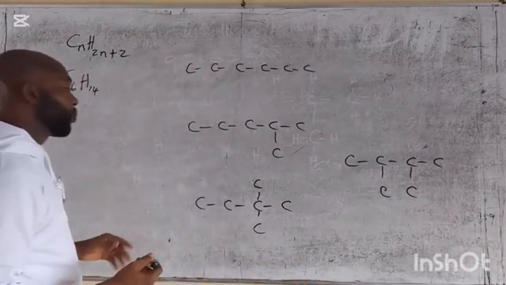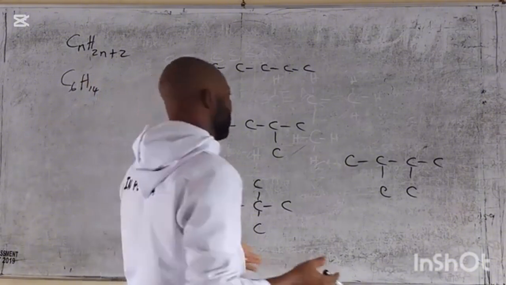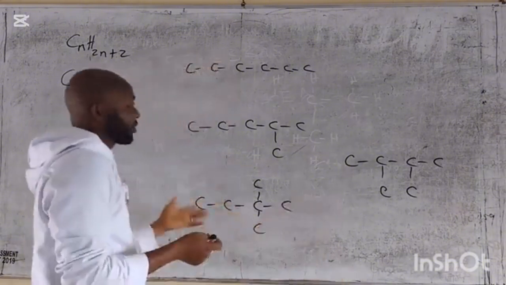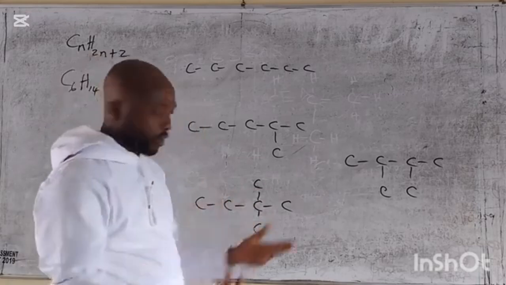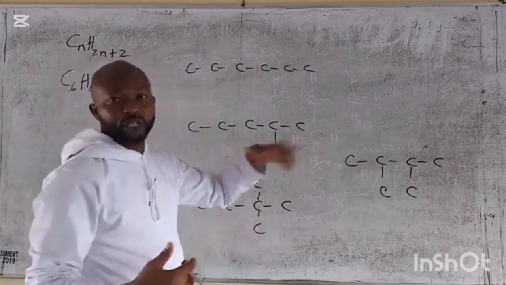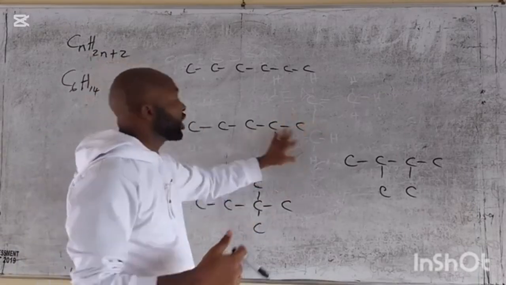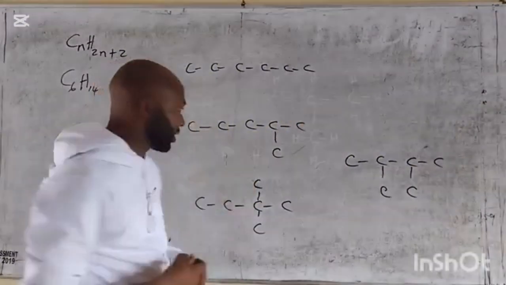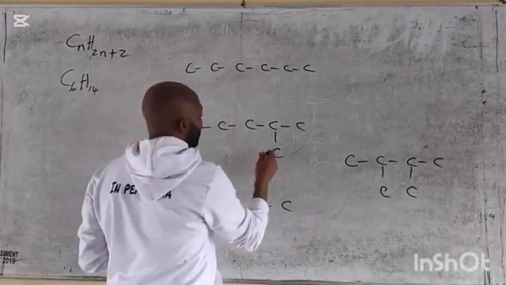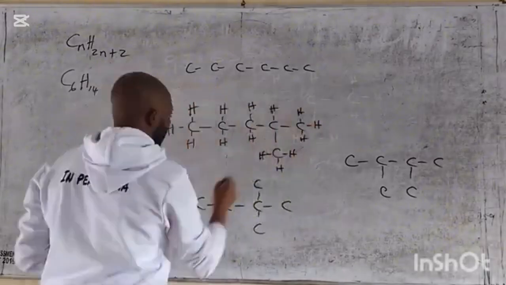The hydrogen, I will put them for the sake of those of you who may be watching our lectures for the first time, but we have masterminded a method whereby we can just proceed. We know that hydrogen atoms are associated with each carbon atom in a manner which gives us tetravalency. So let's just put it for the sake of that.